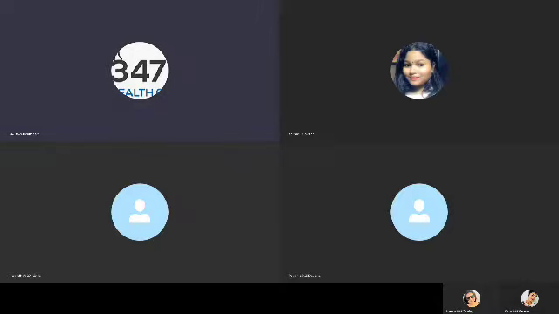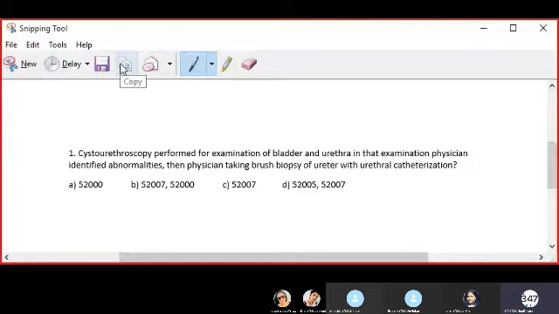The next question. Cystourethroscopy, what is the answer? Cystoscopy performed for examination of bladder and urethra. In that examination, the physician identified abnormalities, then took a biopsy of the bladder, with ureteral and urethral catheterization. 52007.